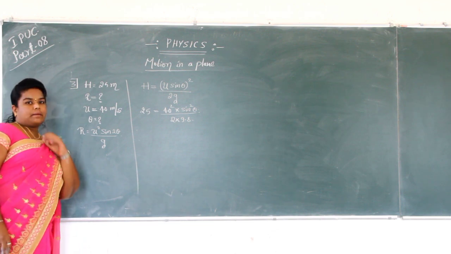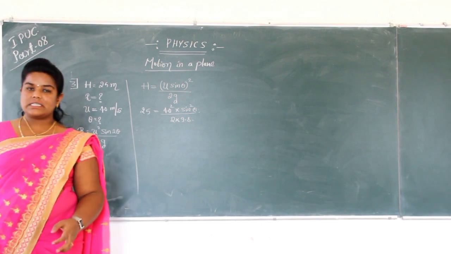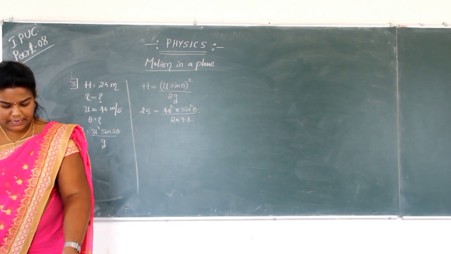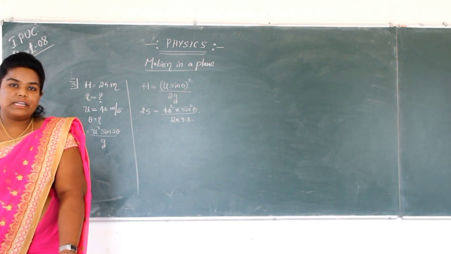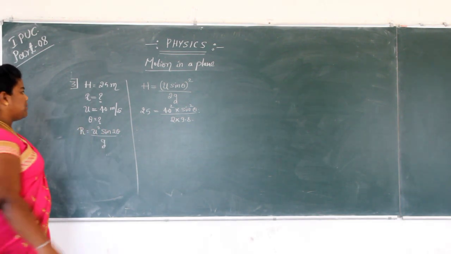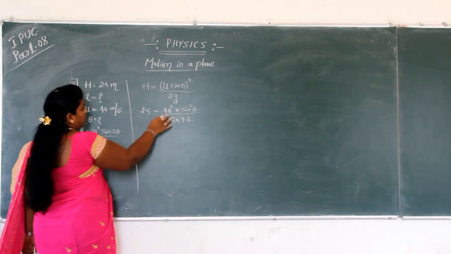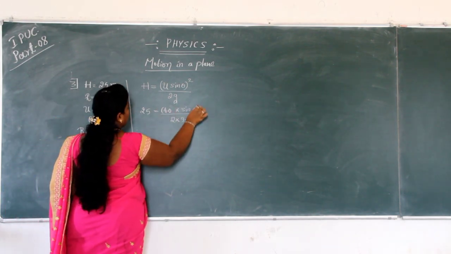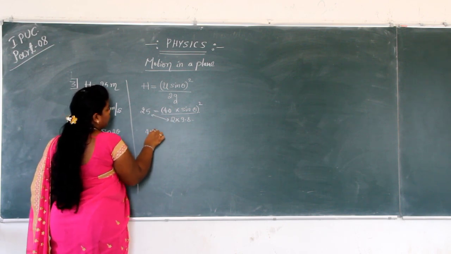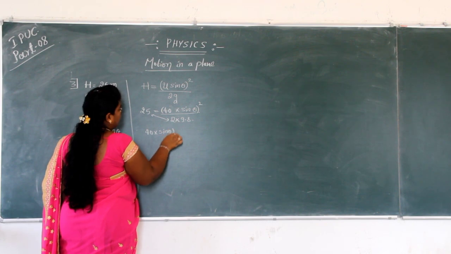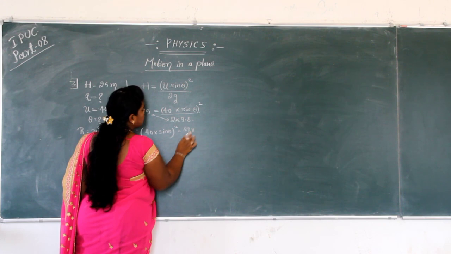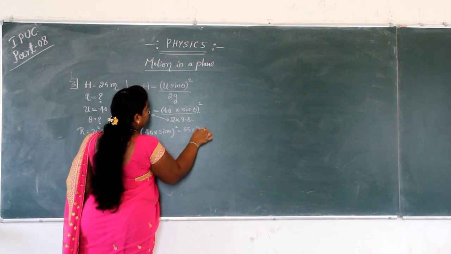Now I want sin square theta, and to calculate it I must first remove the square. So I apply the square root. By cross multiplication, 40 sin theta whole square is equal to 25 into 2 into 9.8.